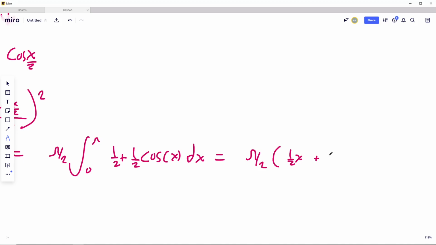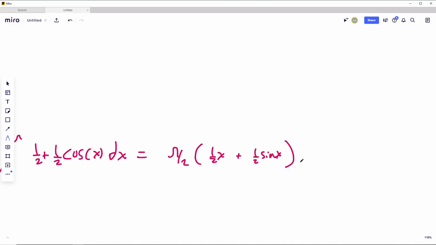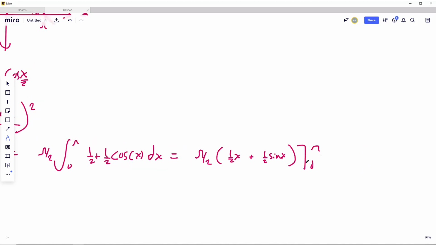Integrating cosine will give you back sine, because if you derive sine you get cosine, integrate cosine you get sine. So half sine x, and 0 to pi, with pi over 2 outside. Here you get half pi plus half sine of pi.